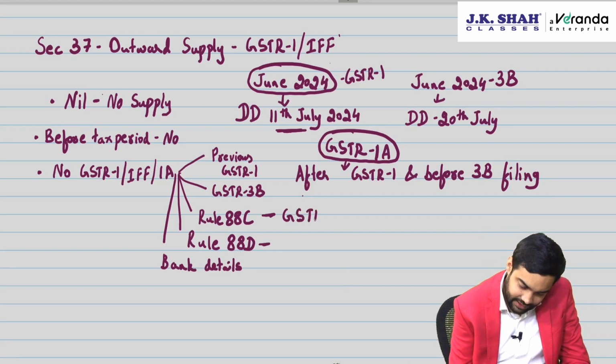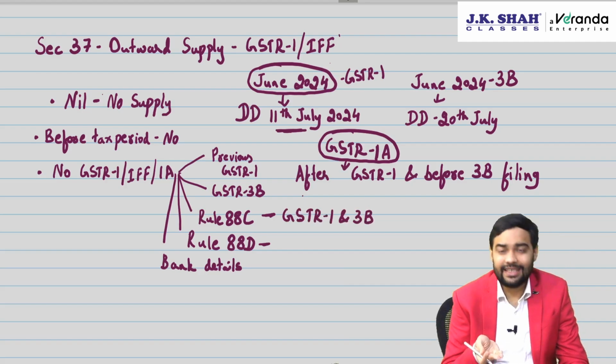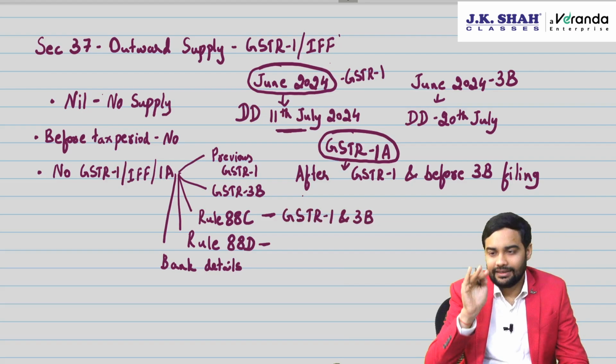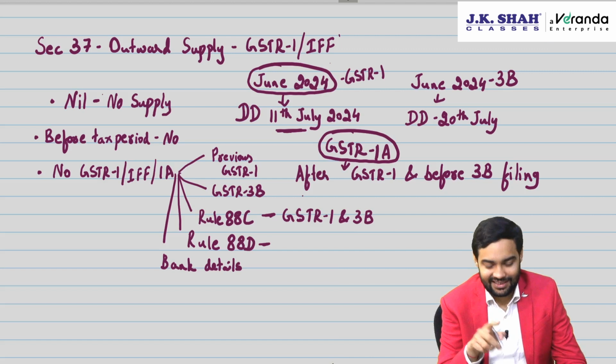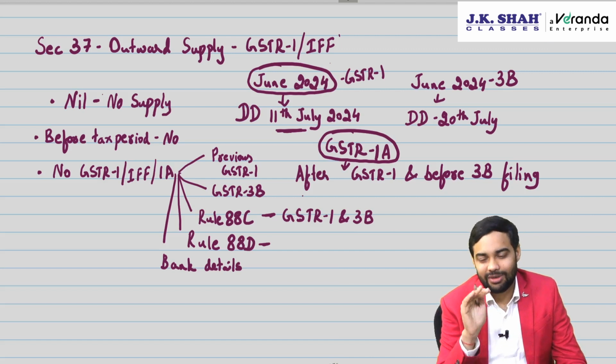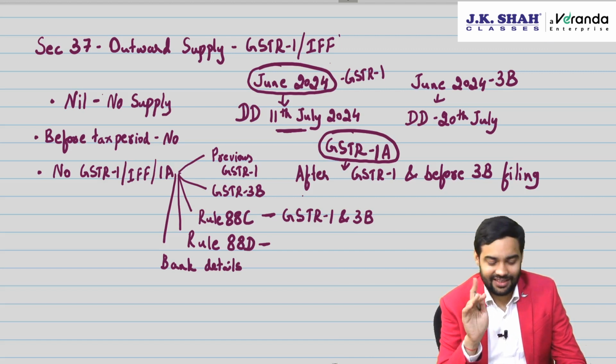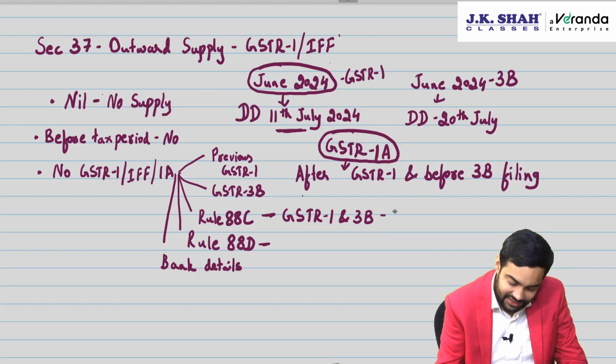88C says if there is a mismatch between 1 and 3B, that is 1 is more and 3B is less. That means in 1 you are reporting correct sale numbers and correct tax, but in 3B, when it comes to payment of tax, you are paying lower. Then in that case, the government will send a notice, and that notice is DRC 1B.